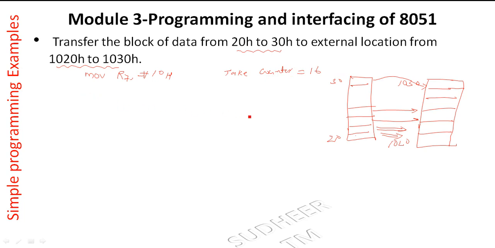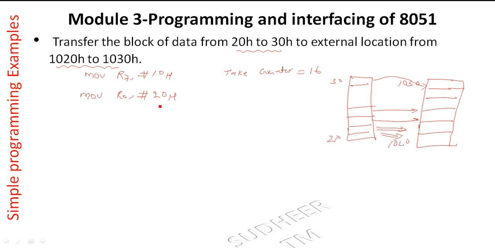Then we need to get the data from 20. Then that we need to send it to 1020. So move R0 comma #20h. So we can take 20 first block, first location to the R0 register. We can use indirect addressing here.